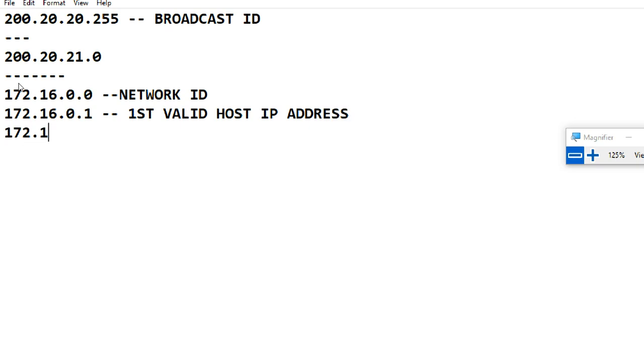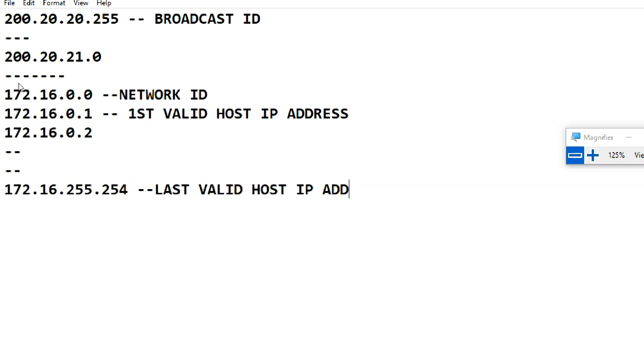Now 172.16.0.2, and keep on going until it reaches the last one. This is the last valid host IP address. This is the broadcast ID. So this is the range.